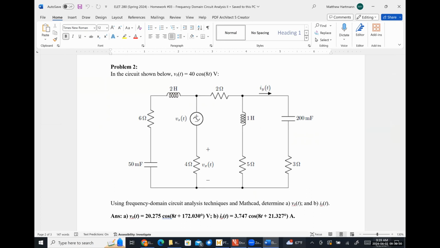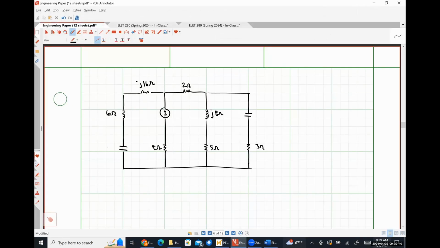That's 1 over 8 times 0.05, so 2.5, which is 5 halves. And then 1 over 8 times 0.2, I think, is 5/8.